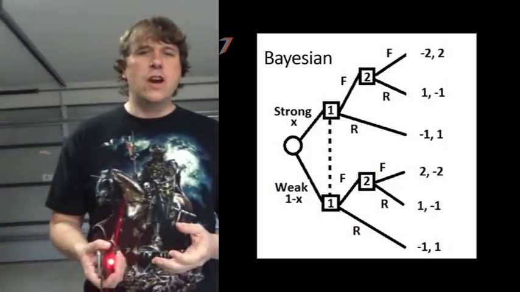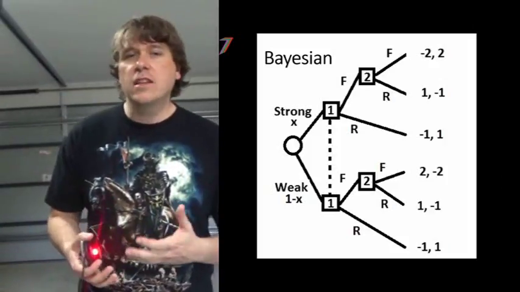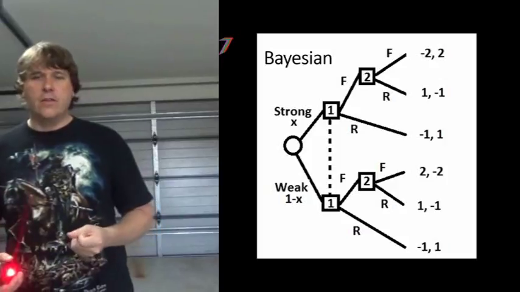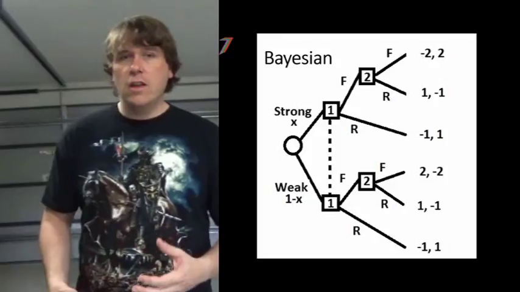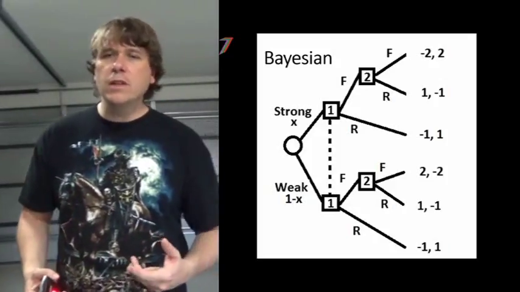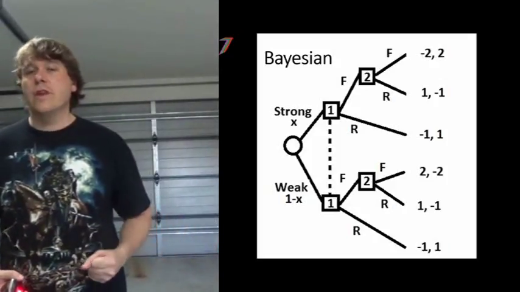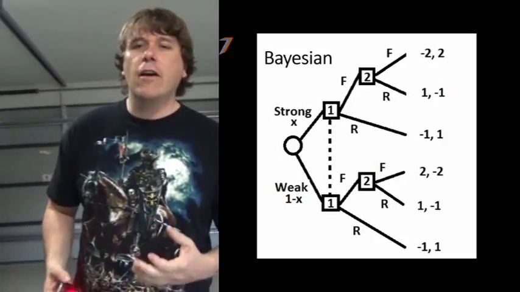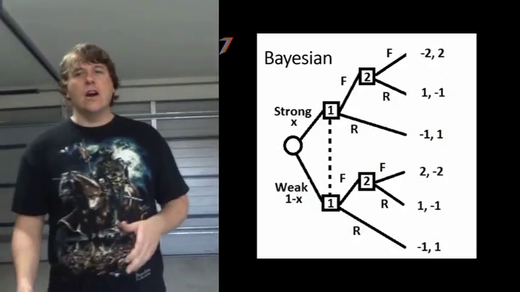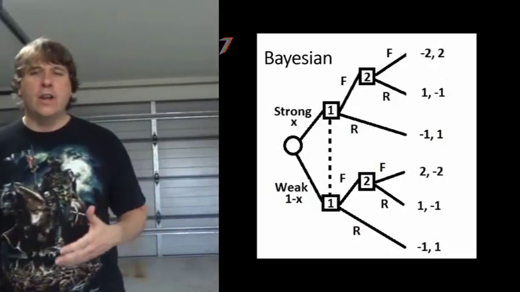So what scenario do you go with? Do you run? This is going to come down to the probability. If there's a very high probability that the opponent is strong, then you should probably run. If there's a low probability of them being strong and a high probability of them being weak, then fighting would give you the better outcome. You can actually calculate what we call expected values, and whatever gives you the highest expected value would be your strategy.